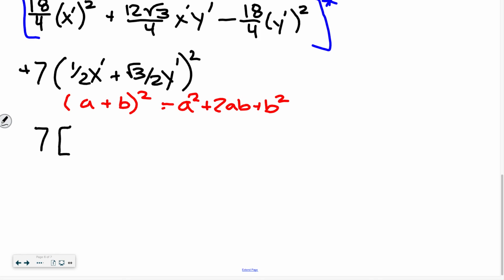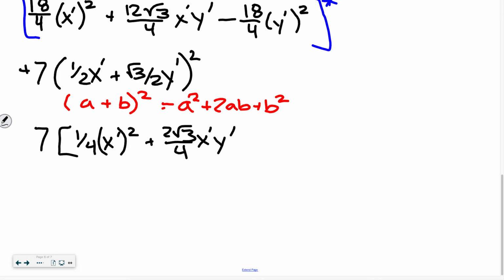This is 7 times 1/4 x prime squared. Take 2 times both of these numbers. So 2 times 1 times square root 3 is 2 square root 3, and then 2 times 2 is 4, and that's an x prime, y prime.